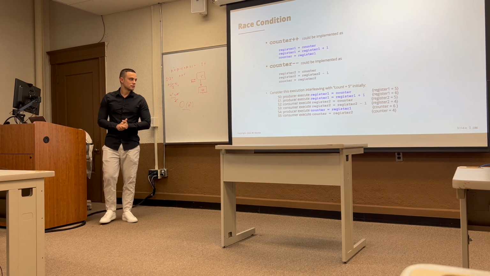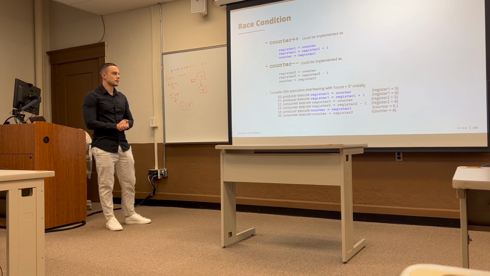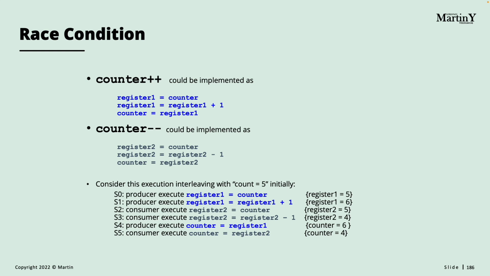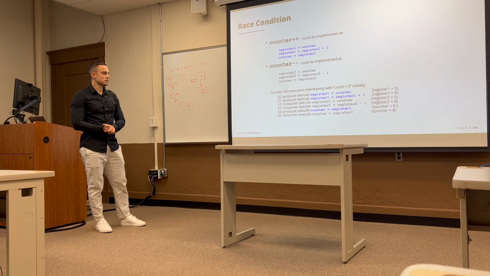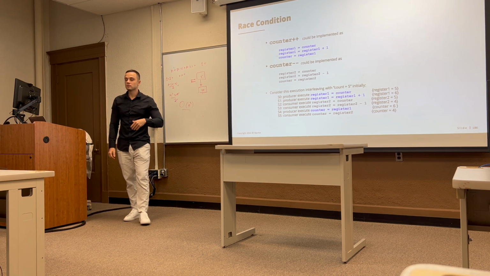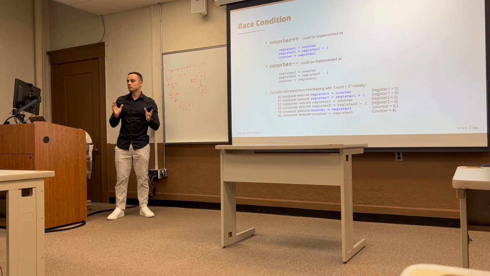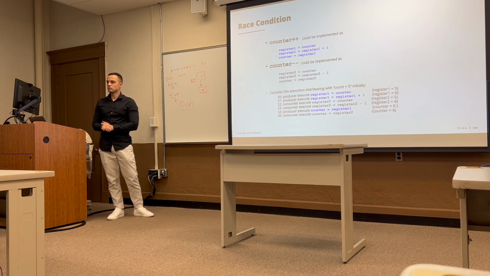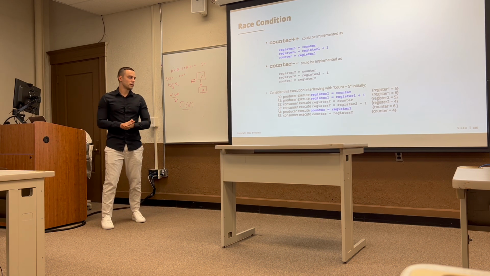So if that happens, then the value of the counter is going to be updated in the following way by the operating system. So first of all, again, you can see here, let's say the counter value is equal to 5, okay? So the first thread is going to update it to 6, right? So the counter will increase by 1, and the producer will add some data to the memory.